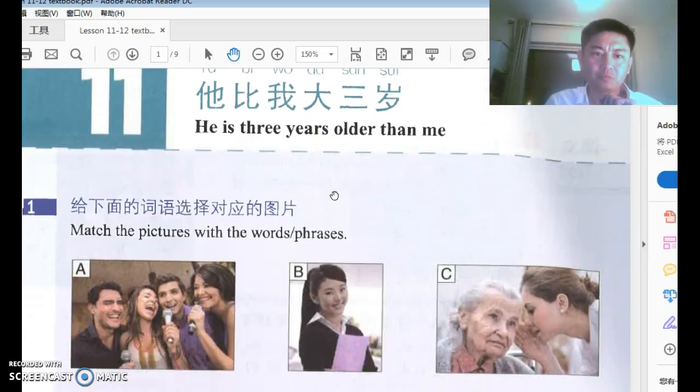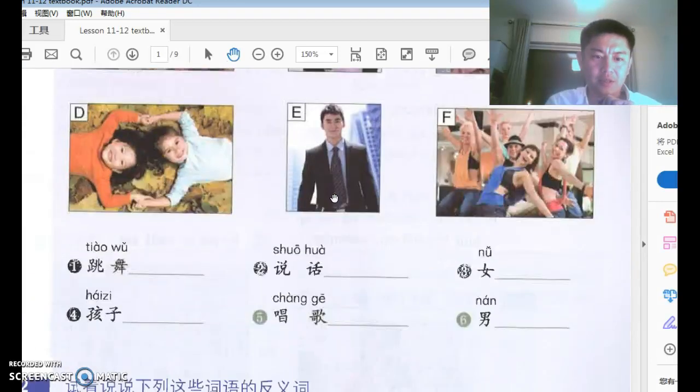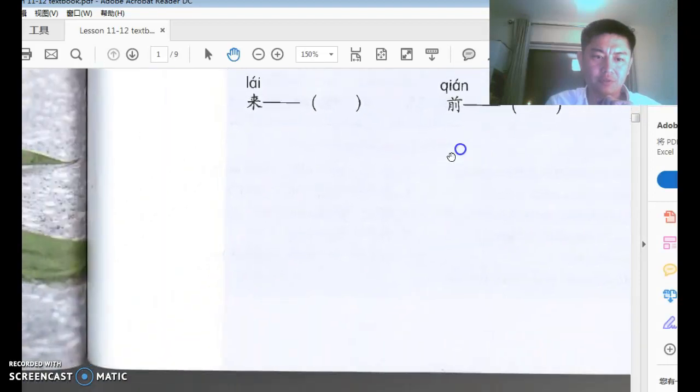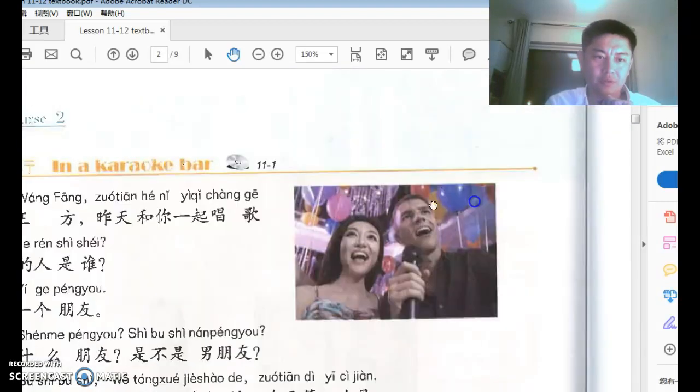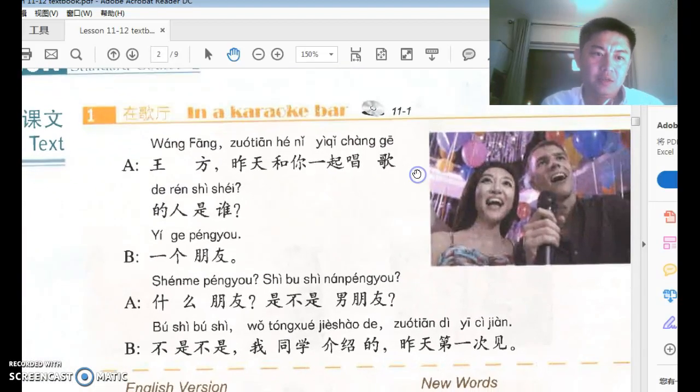Now, let's take a look at the first conversation. We have A saying, 王芳昨天和你一起唱歌的人是谁? There's a 的 construction here, and after the 的 we have a 人.